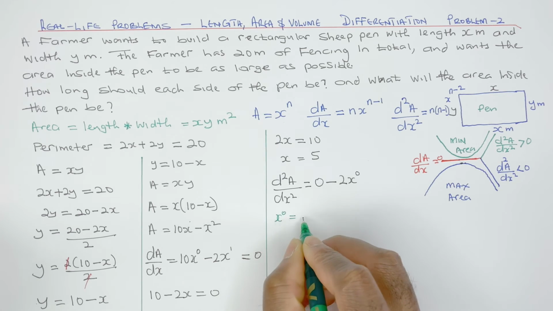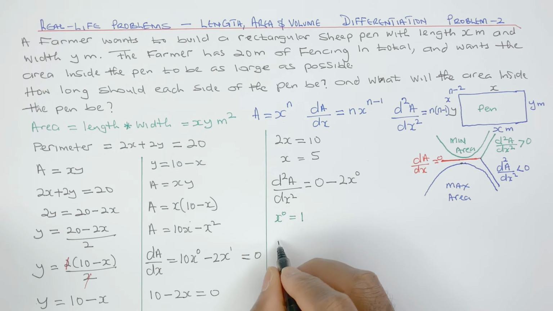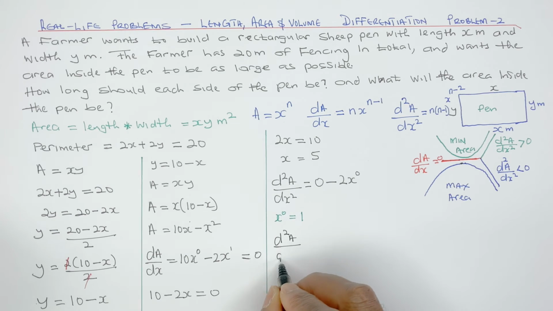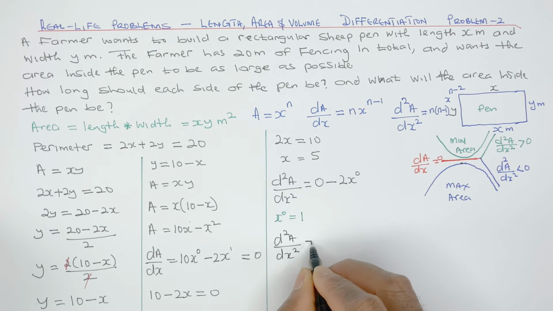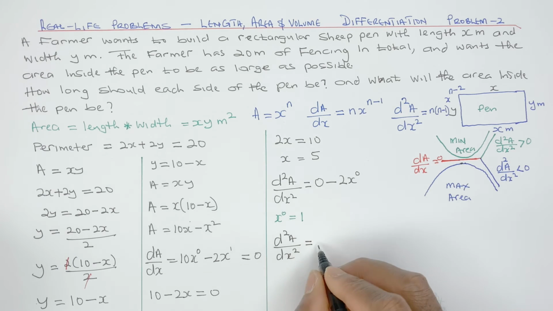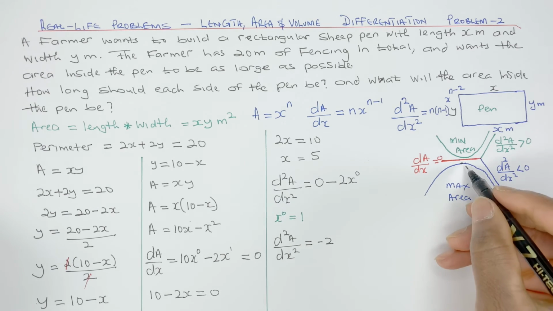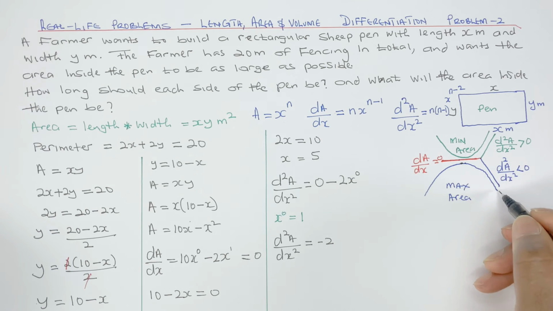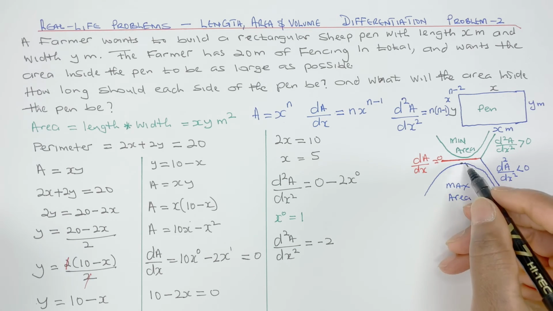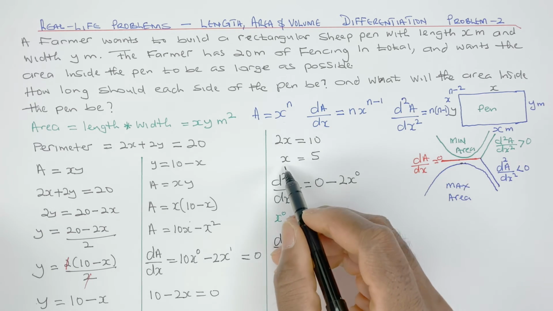So therefore, d squared A over dx squared equals, well, 1 times minus 2 is minus 2. So it is a maximum because it's negative. So when x is 5, is the maximum.